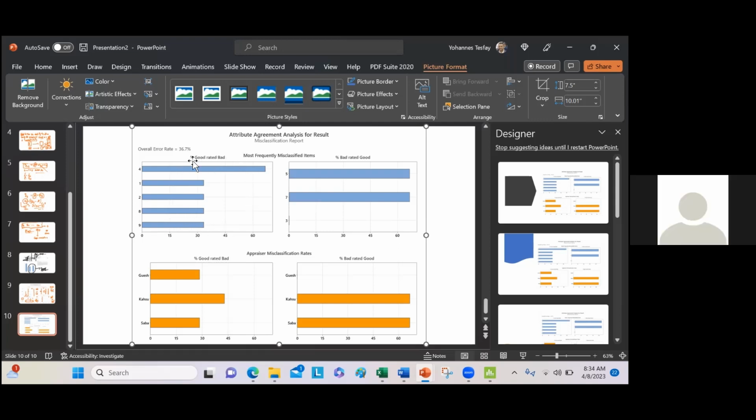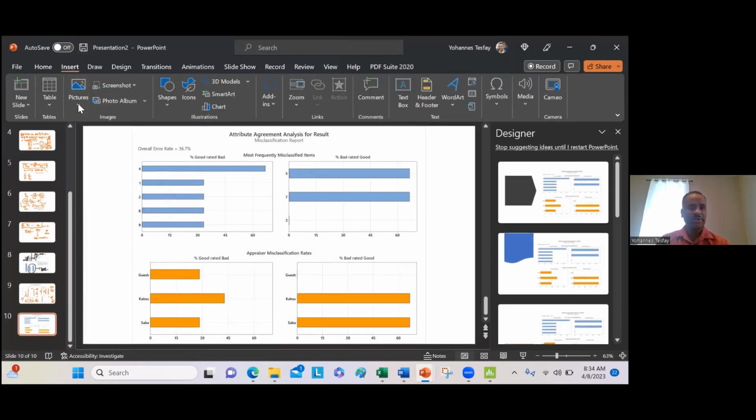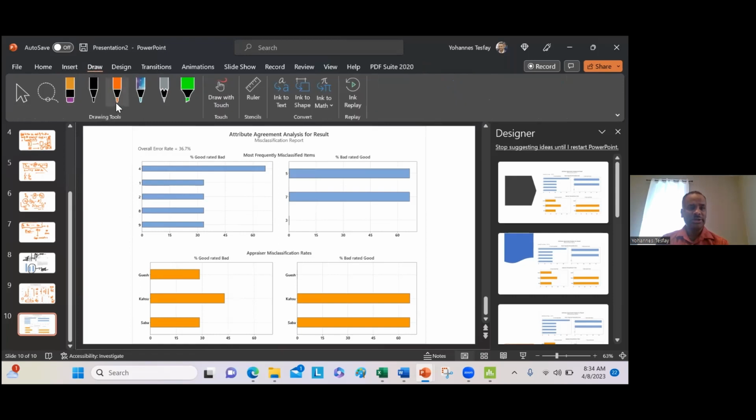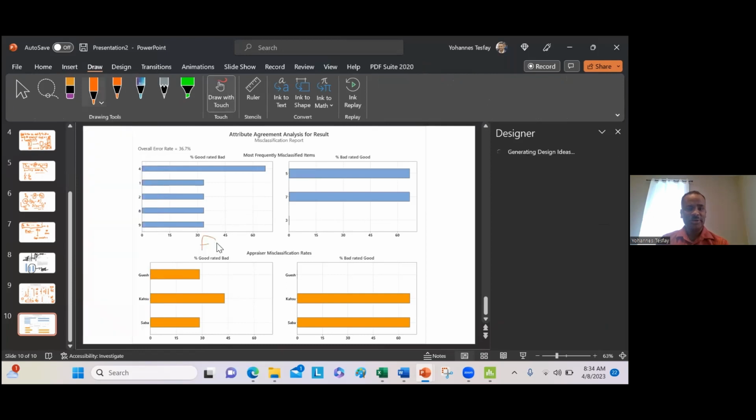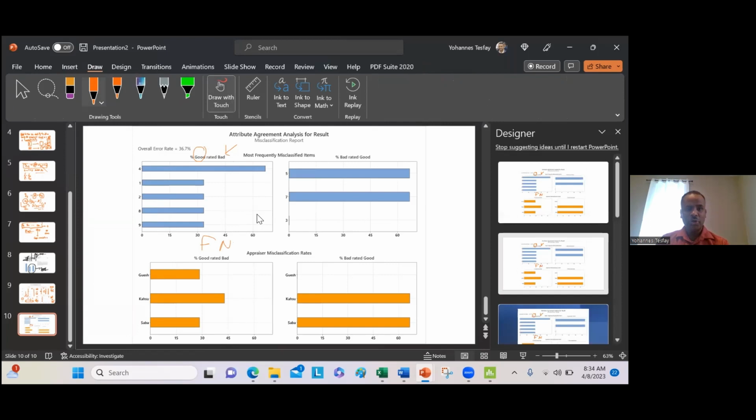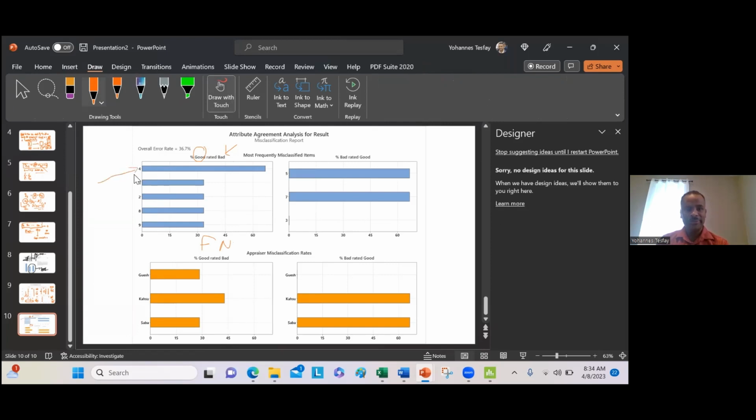That's false negative, that's correct. This is false negative because the parts are good, but we say they are bad. So most of the time, part 4, part 1, part 2, 8 and 9.